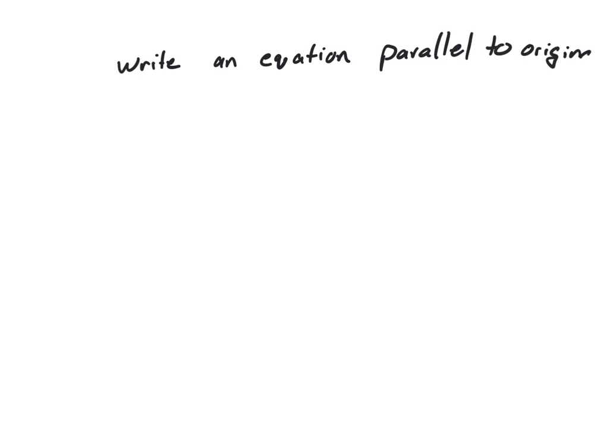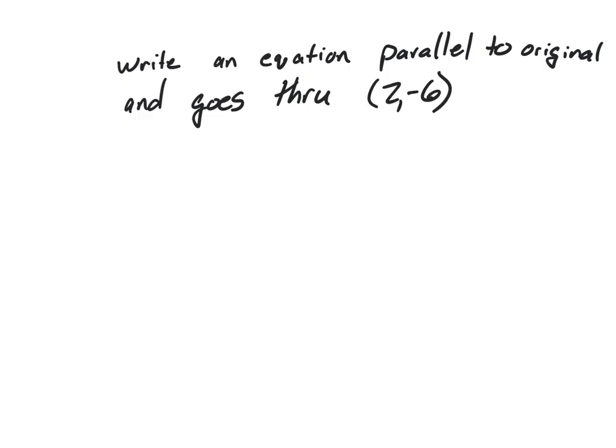And you just have to go through and solve these out and write the equations kind of like we did yesterday. There's a little bit more involved here. So the directions are going to look something like this. Write an equation parallel to the original and goes through to -6.